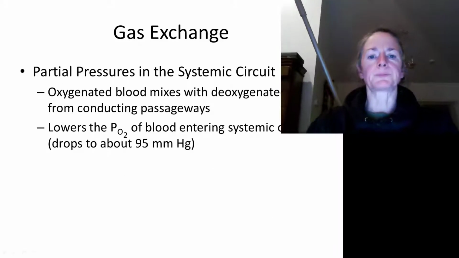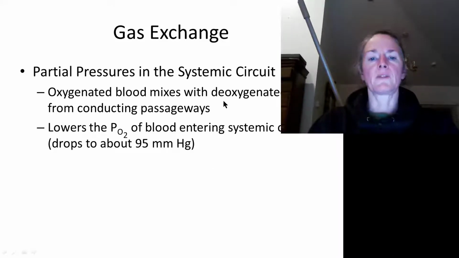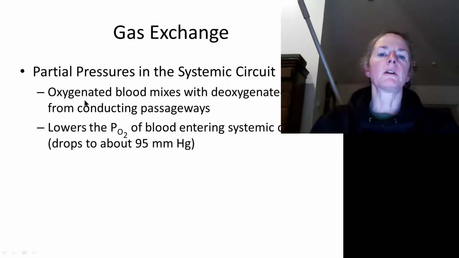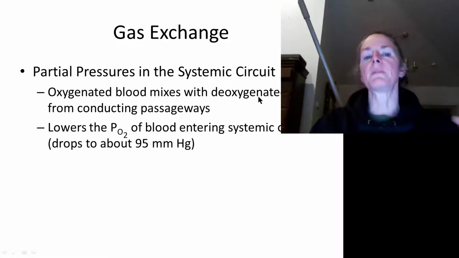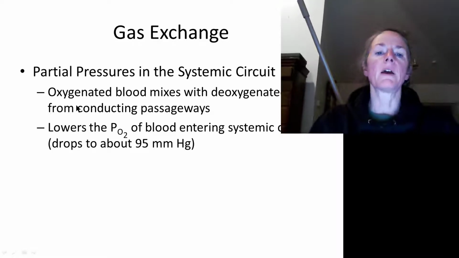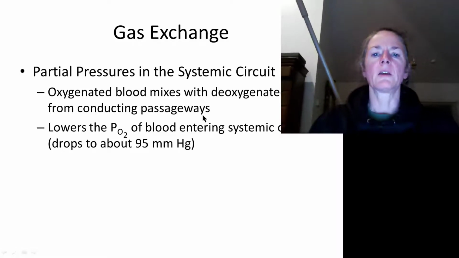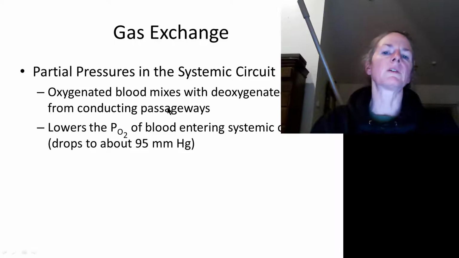All right, so one of the things we have to be aware of is the fact that during this transit, some of the oxygenated blood is going to be mixing with deoxygenated blood that came from the conducting passageways. So the deoxygenated blood that's perfusing these passageways is going to be mixing with the oxygenated blood.